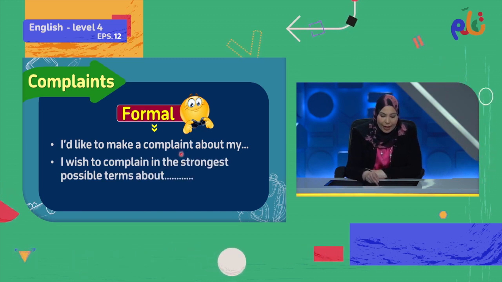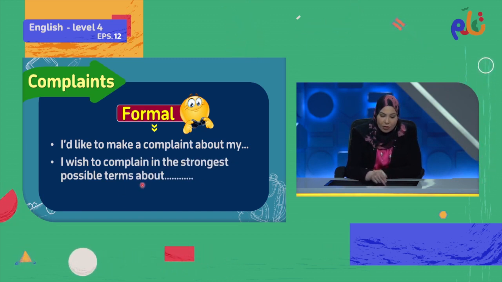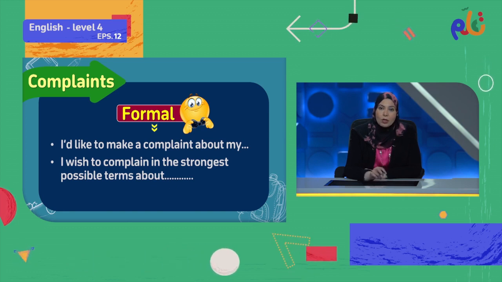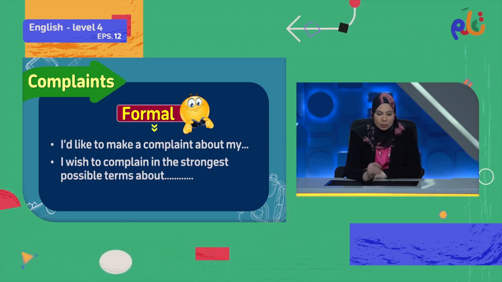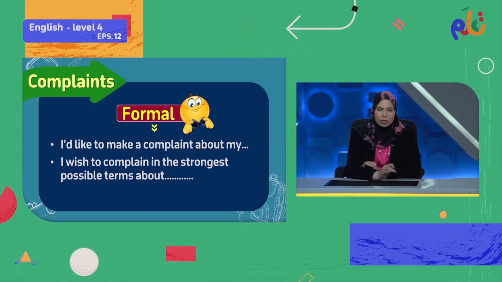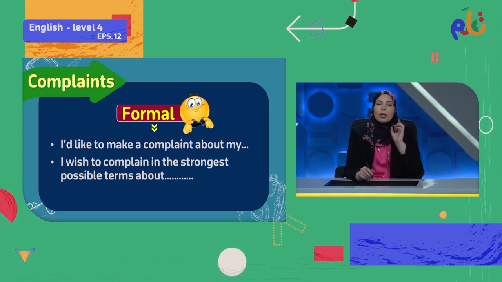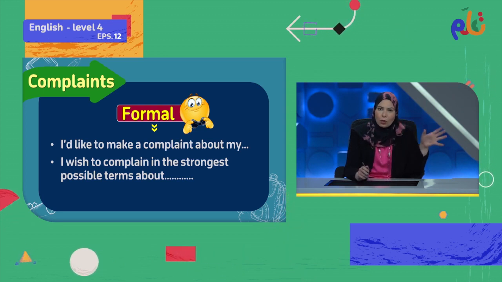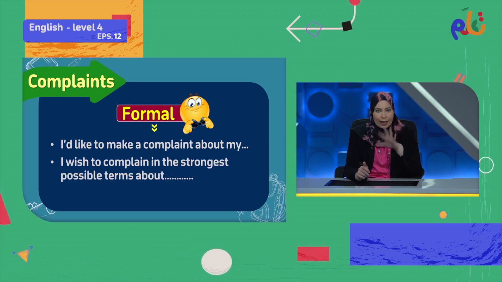I wish to complain in the strongest possible terms about, and here we're talking about an angry customer. So here, I wish to complain in the strongest possible terms about, and here we put, about my soup, about, again, a noun.